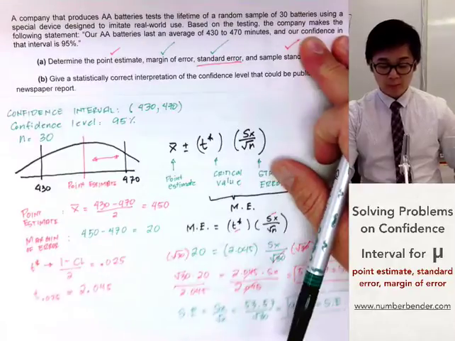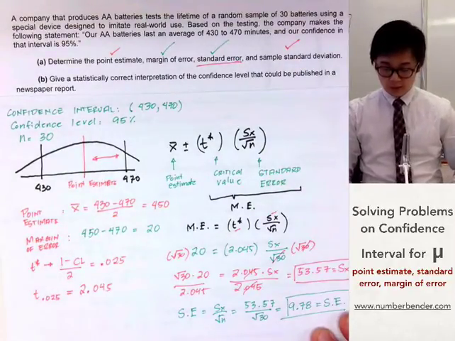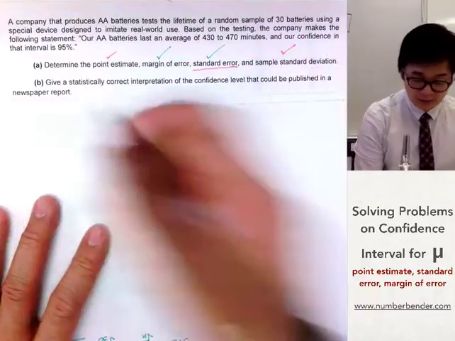Now to answer problem letter B, we need to give a statistically correct interpretation of the claim.